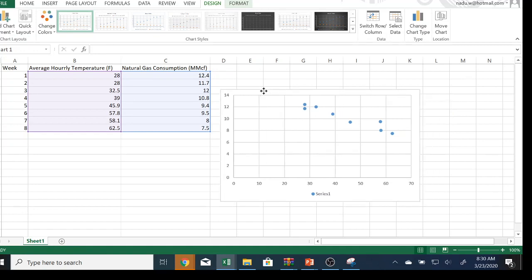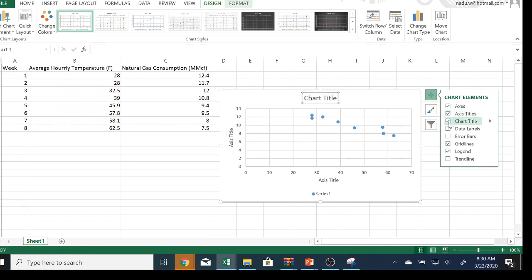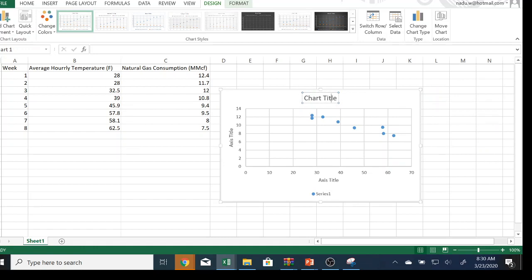So here you can now see the scatter plot diagram, but there are some things missing, isn't it? You need to have the axis title, you need to have the chart title. So I'll add the axis title and first the chart title.